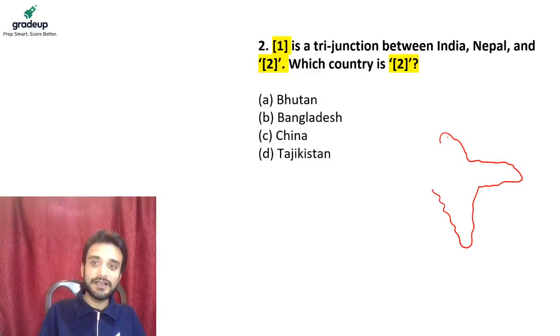So Uttarakhand is over here, Nepal is over here. This is the land I'm talking about, Kalapani. Which is the third country? It's very easy.